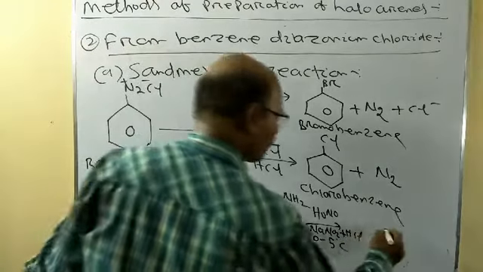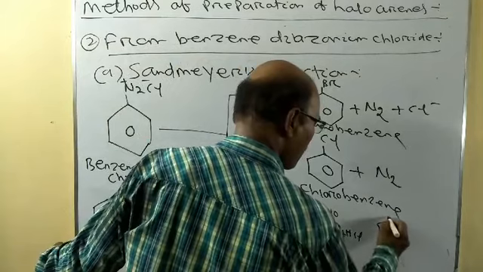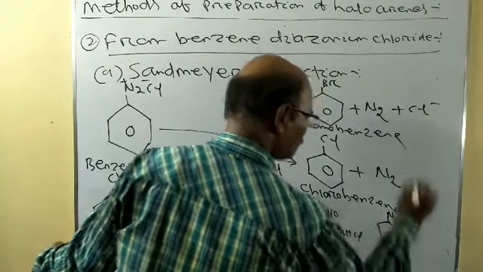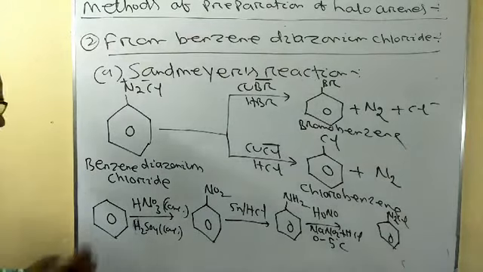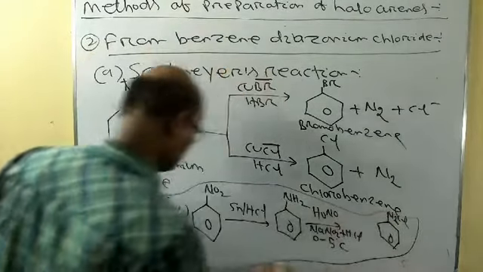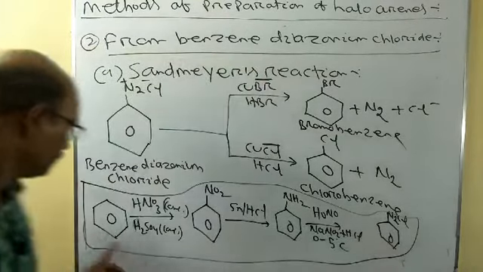We will get N2Cl. So in this way we can prepare the benzene diazonium chloride from benzene.